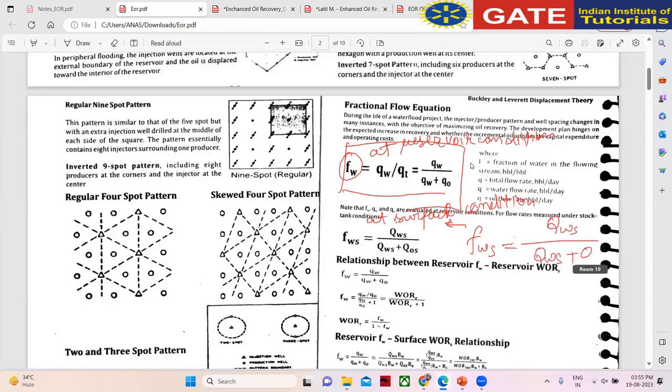There is a relationship between reservoir FW and surface FW. So how can you calculate that?